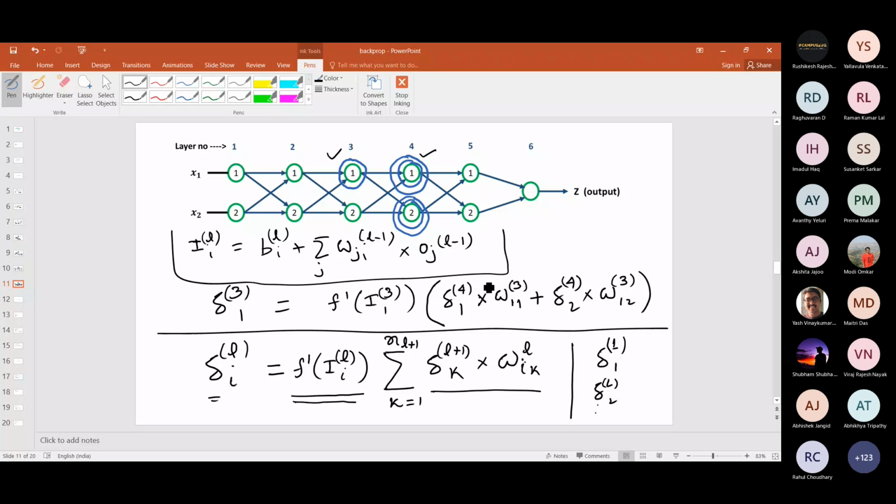So if I have, for example, 10 such neurons in this particular layer, this will be weight of neuron 1 times delta of neuron 1, weight of neuron 2 times delta of neuron 2, and things like this. In this way, I can simply proceed. So you can straight away remember the formula. Just a weighted sum, you remember that, multiplied by the output derivative of this particular neuron, and that's it.